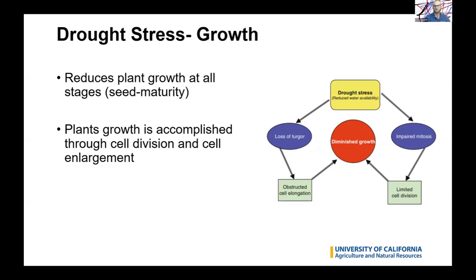But then as they get older, drought stress causes, as we talked about, that loss of turgor pressure, which leads to cells not elongating properly, which reduces growth. Cells also need water for mitosis so they can duplicate, so they can have cell division. And without that cell division, plants also aren't growing. So essentially, drought affects every aspect of a plant's normal function.